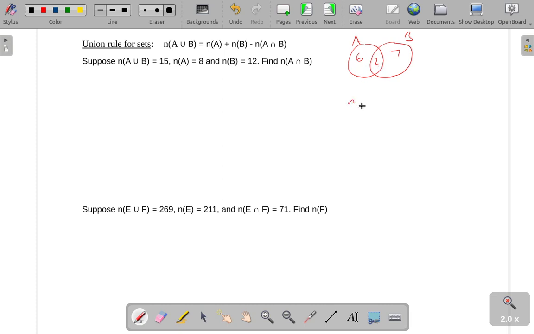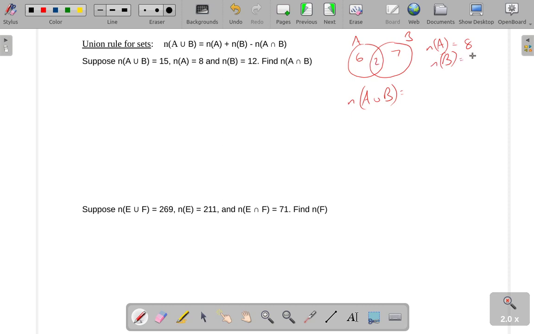If I wanted to find the size of A union B, well, first off, let's see n of A. How many elements are within A? Well, there's 6 here and there's 2 here. That's all within A, so n of A is 8. N of B is, well, there's 7 here and there's 2 here.